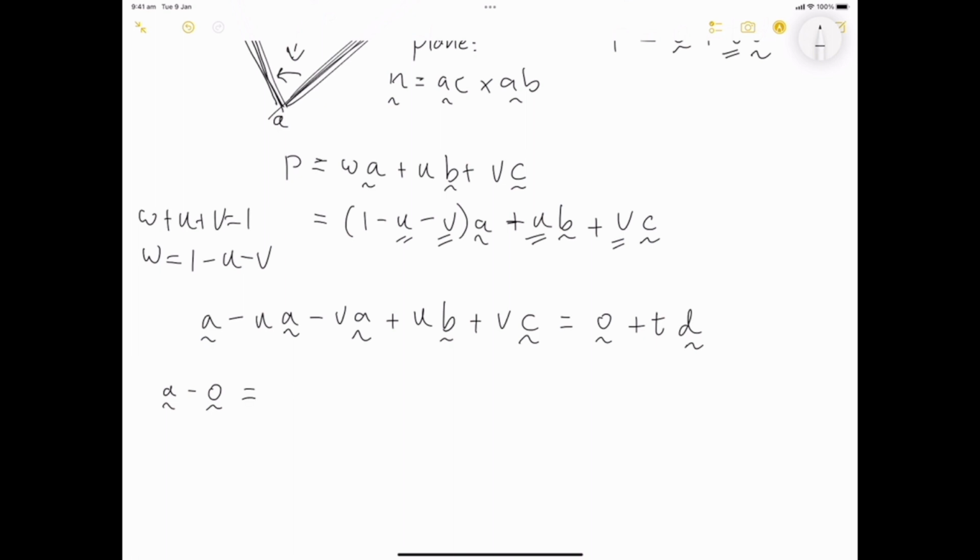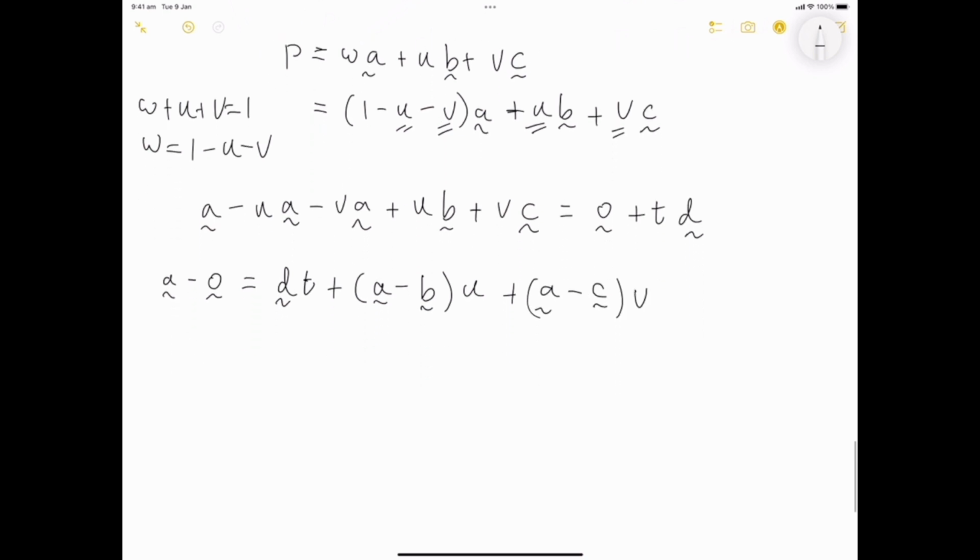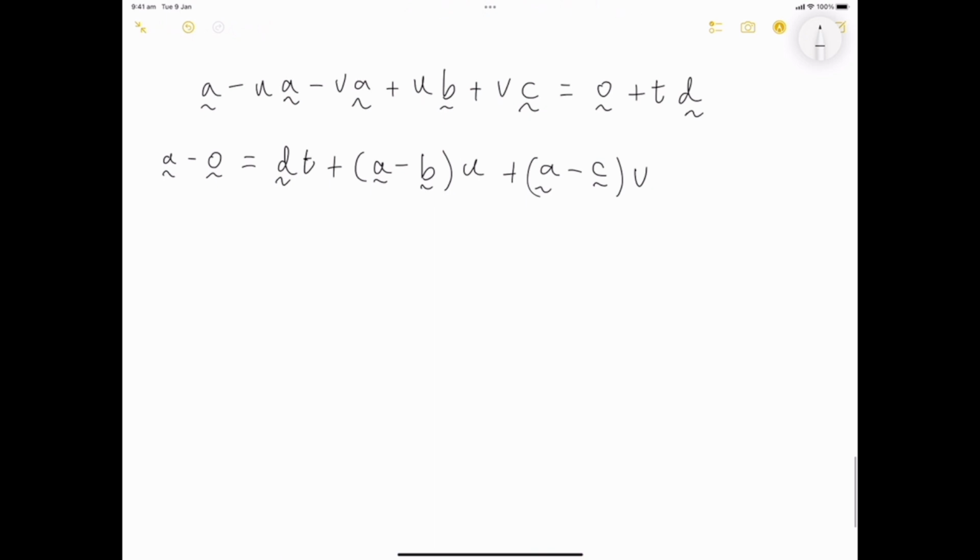And on the right-hand side, let me group this together. So we'll have d times t plus (A minus B) times u plus (A minus C) times v. This is a lot of fun.